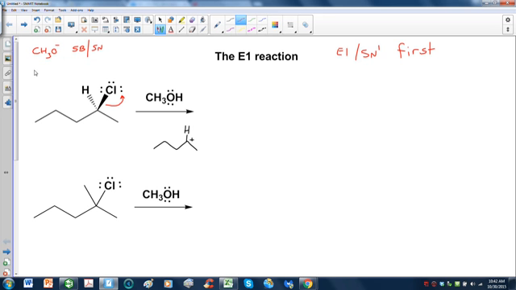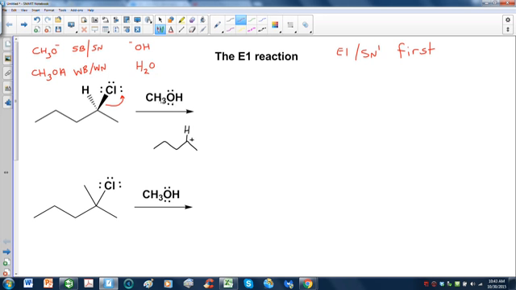So it turns out that for exactly the same reason, a neutral nucleophile that you know as a weak nucleophile is exactly also a weak base. Just as OH- would be classified as a strong nucleophile and strong base, and H2O will be classified as a weak nucleophile and weak base.